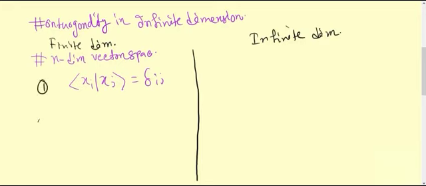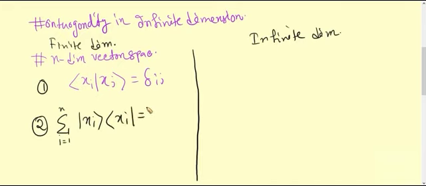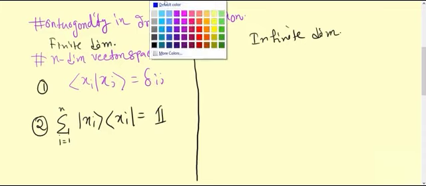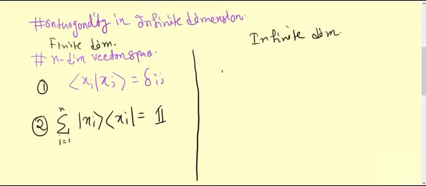So this was our orthogonality relation, and the second one was the completeness relation. That is, if you had the sum over i from 1 to n of xi times xi, this was just the identity matrix, right? So how do these two things look in infinite dimensions? So that's the question that we are asking. So let's try to answer them.